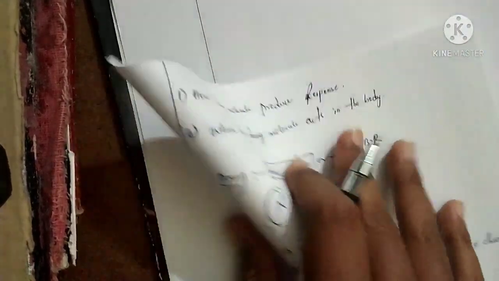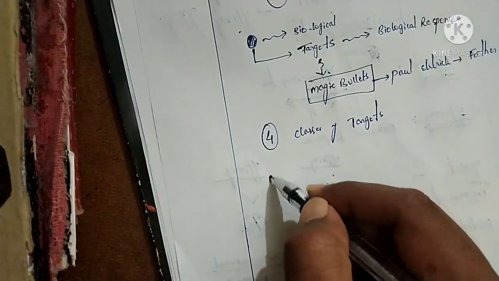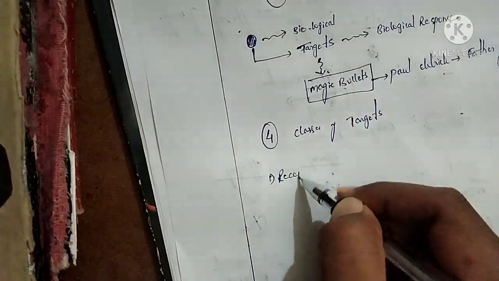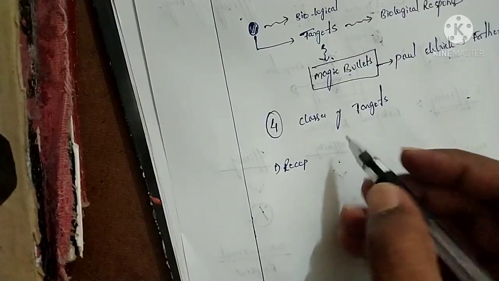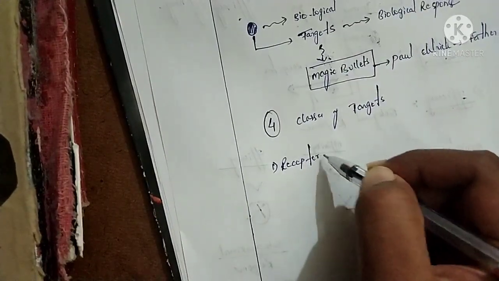They are, first, receptors. There are also several subtypes of receptors, which I am going to explain in a detailed manner.